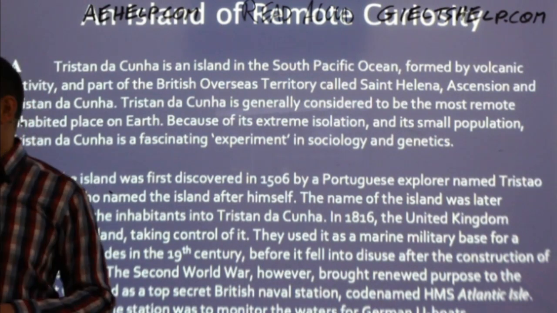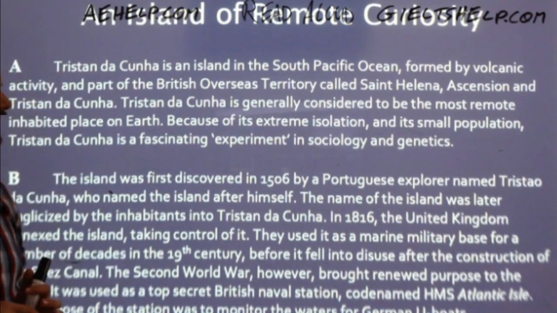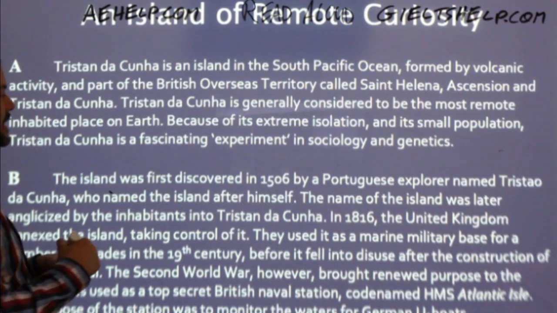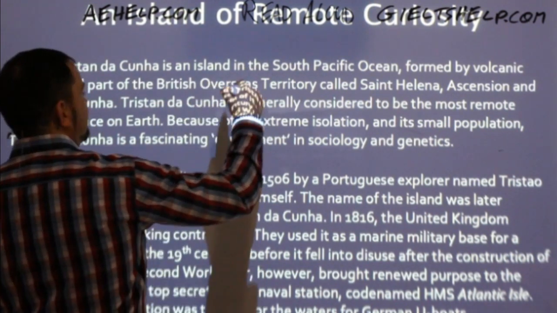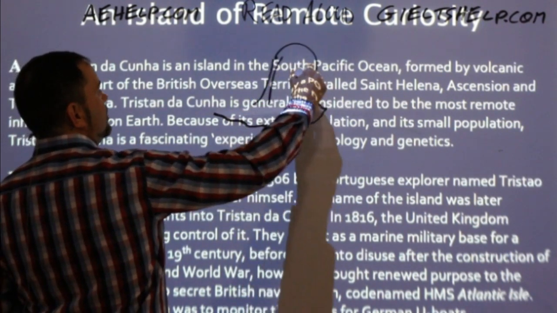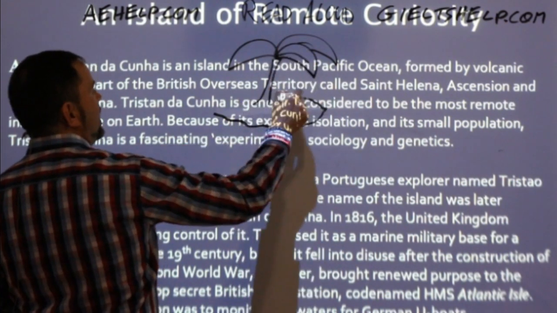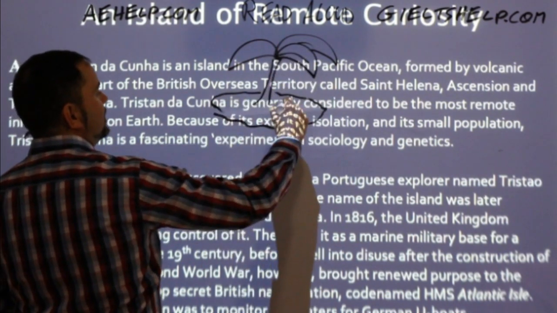Okay, so we are reading about the most remote inhabited place in the world. Immediately, you should see an island. Okay, maybe there's a palm tree on that island. Okay, and there we are.